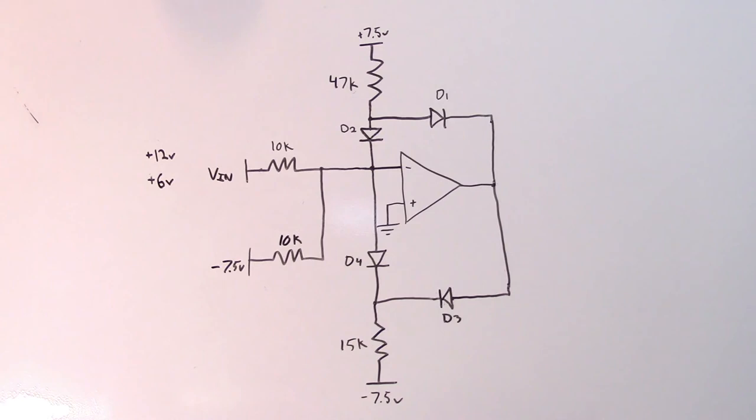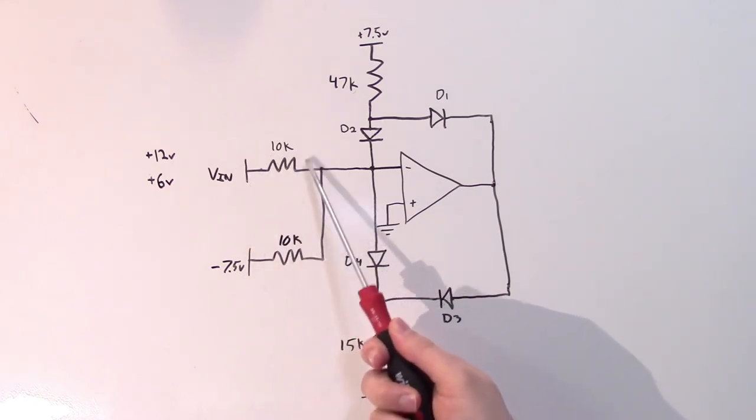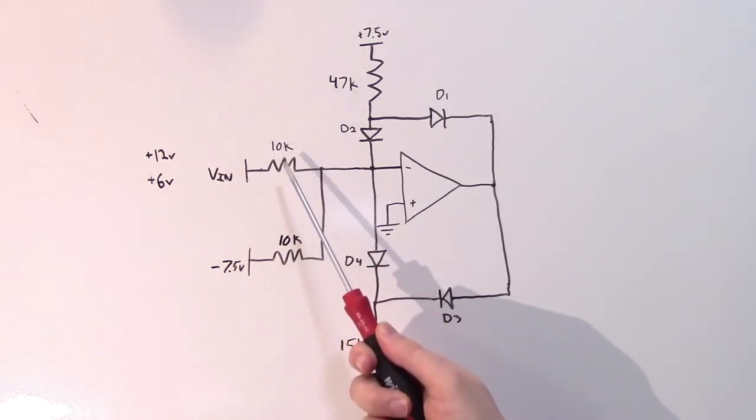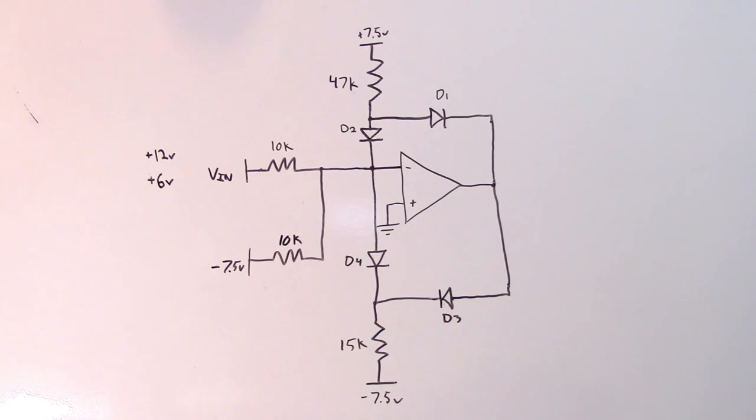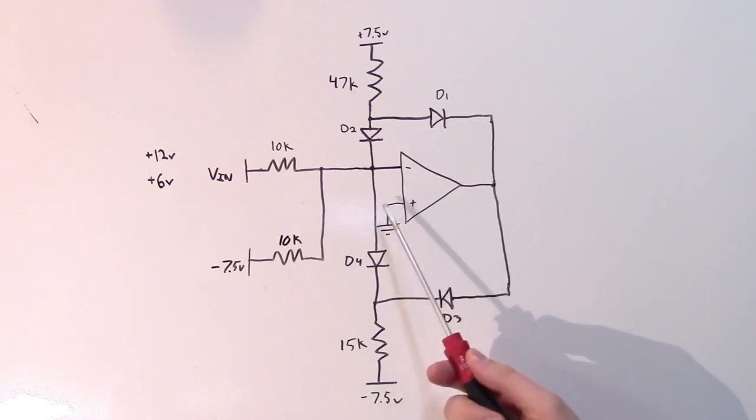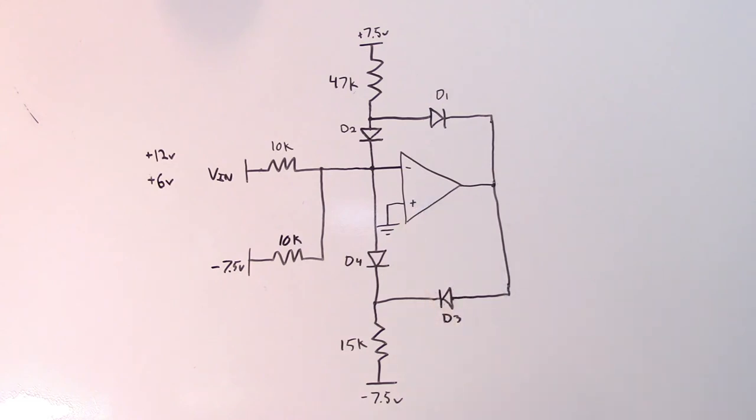There are some disadvantages to this, however. First of all, since it's an inverting configuration, the input impedance is going to be set by this resistor. So in this case, 10 kilo ohms is not terribly high, especially compared to, say, a non-inverting configuration where your input impedance would be the input impedance of the op-amp itself.